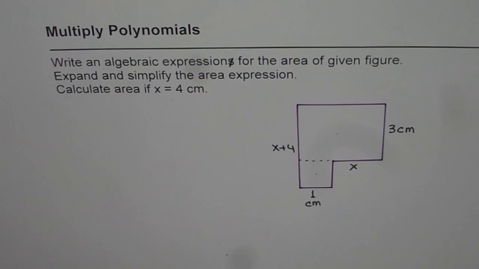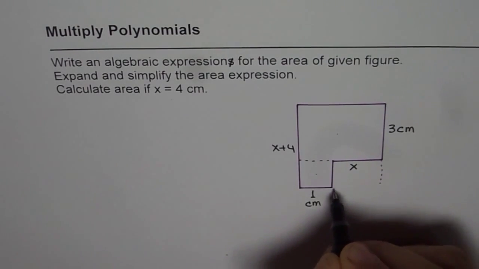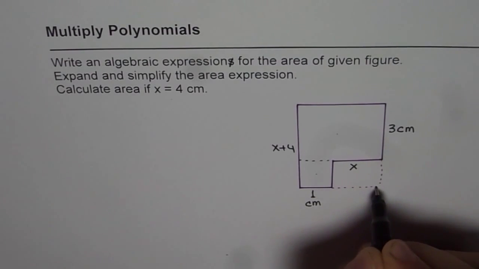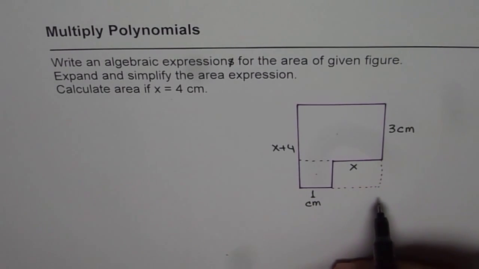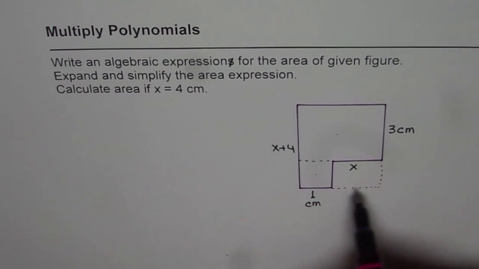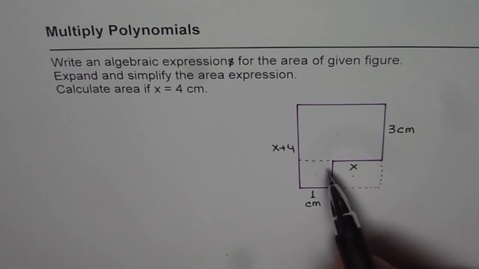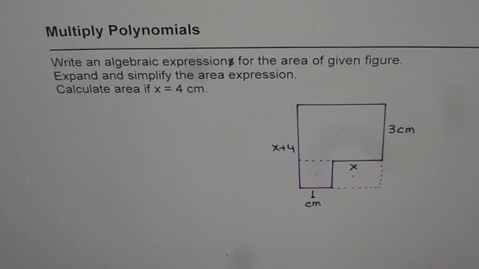The second way is we can extend with this dotted line, and we can say the area of our figure is the total area, take away the area of the right hand corner, which is not included in the figure. So these are two different ways of writing an expression for this particular figure.